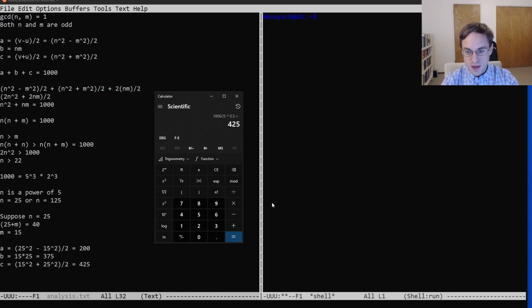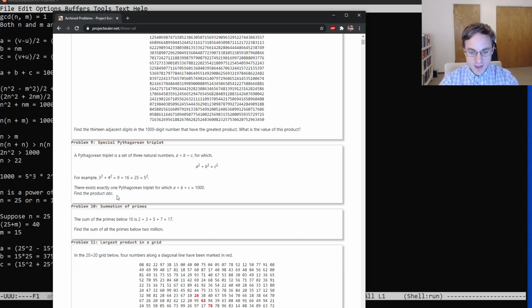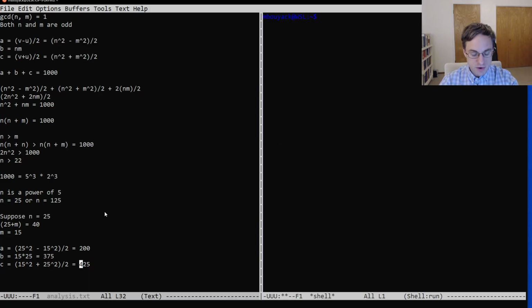And so this is both a Pythagorean triple and a, b, and c sum to 1,000. So our problem statement here does indicate that there exists only one solution. So we could stop here.